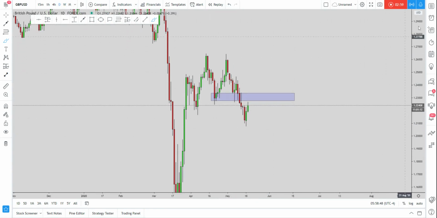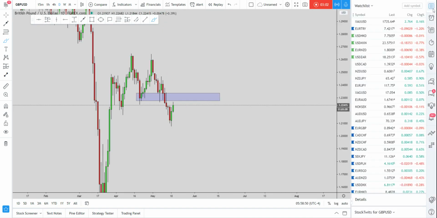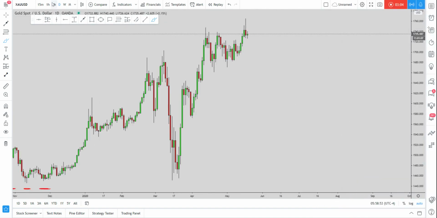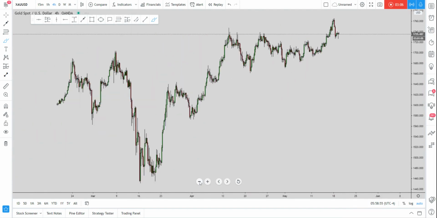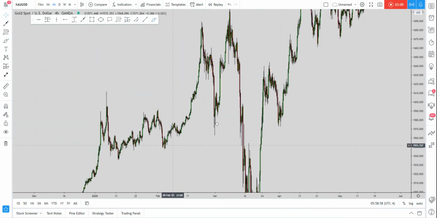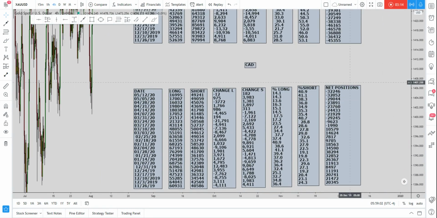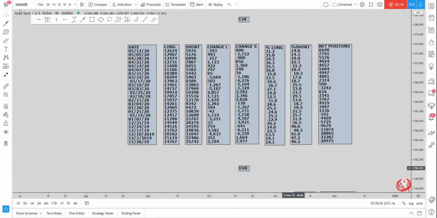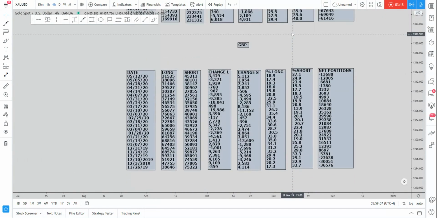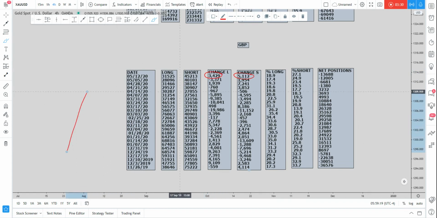So that is the last move to the downside that we know we would like to see from a daily perspective. Now, if we go and see what we have from a COT point of view, so what hedge funds are doing at the moment on the market from a GBP USD perspective, let's take the pound and see what kind of positioning hedge funds have on GBP USD. We can see that with the last report, hedge funds have added another 5K short positions, but they added 3.4K longs. In fact, the market has started this retracement fueled by these long positions.